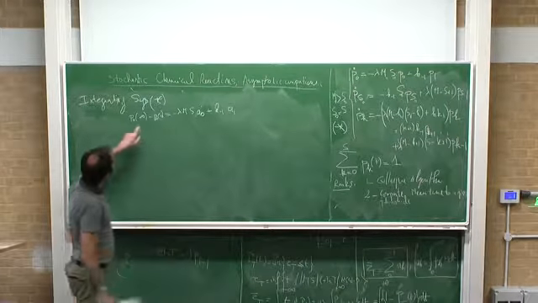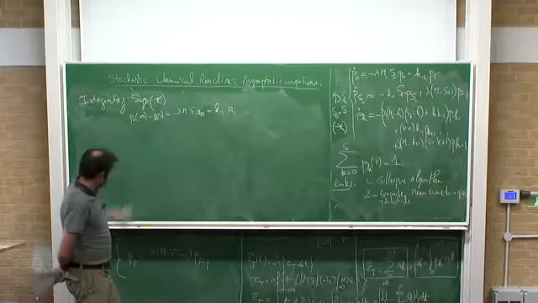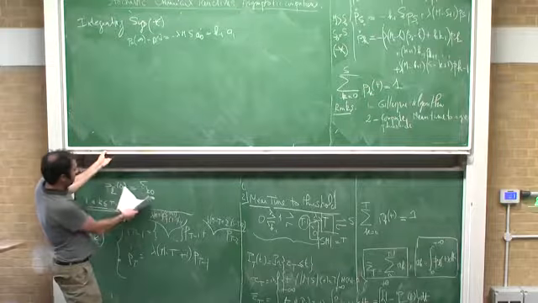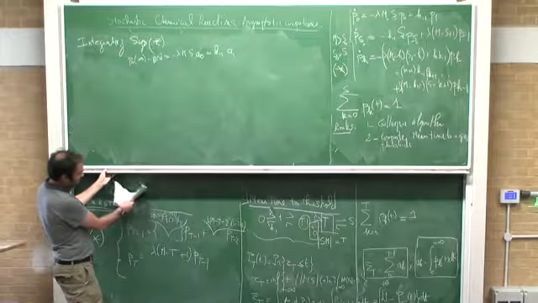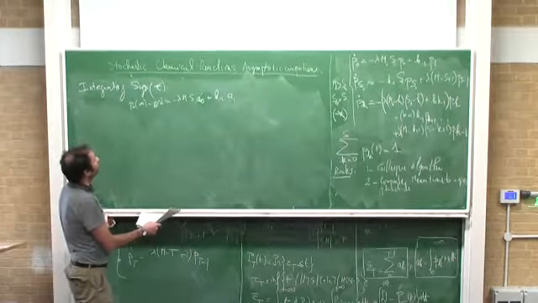Now what is p0 of 0? By definition, at time 0, we said that all the particles are not attached. So this is exactly 1 because they are all detached. So this is exactly 1.